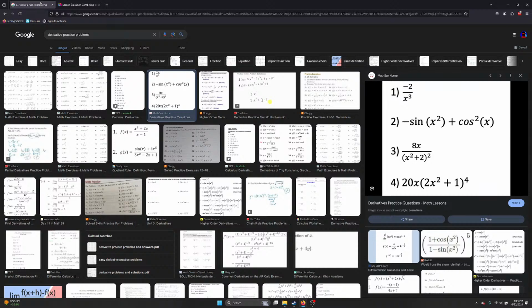We got 8 times (x squared plus 2) squared minus 64x cubed, divided by (x squared plus 2) to the power of 4. And then the final one we remember, it was 80x times (2x squared plus 1) cubed times 20. 20 times (2x squared plus 1) to the power of 4, I think it was.